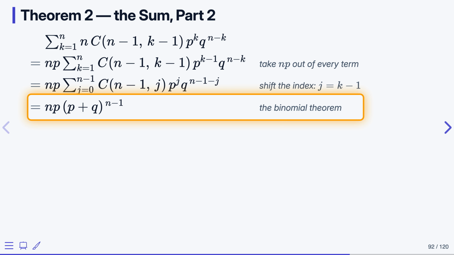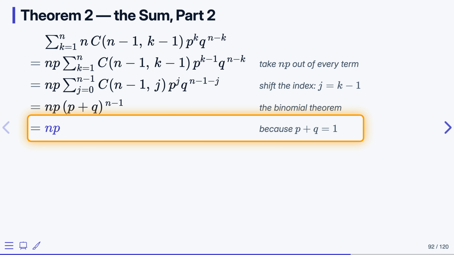Look at what is left inside. It is exactly the binomial expansion of (p plus q) raised to the power n minus 1. But p plus q is 1, and 1 to any power is 1. So everything collapses to n times p. That proves the expected number of successes is n times p.